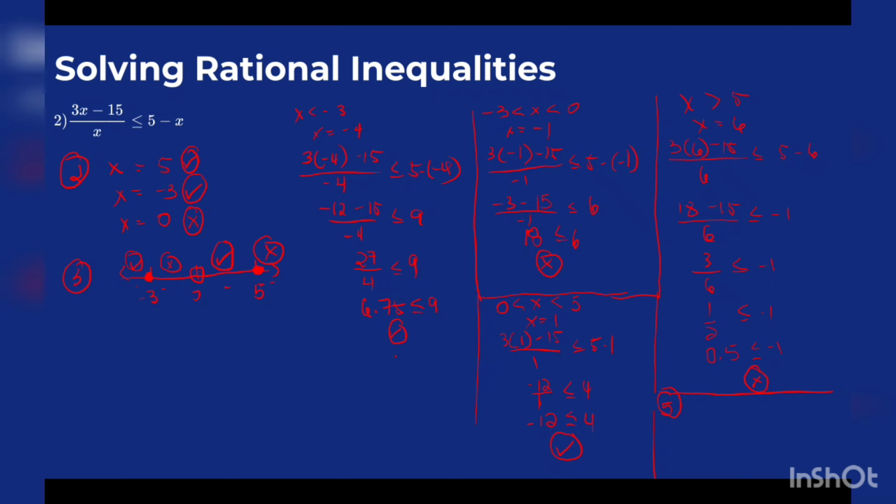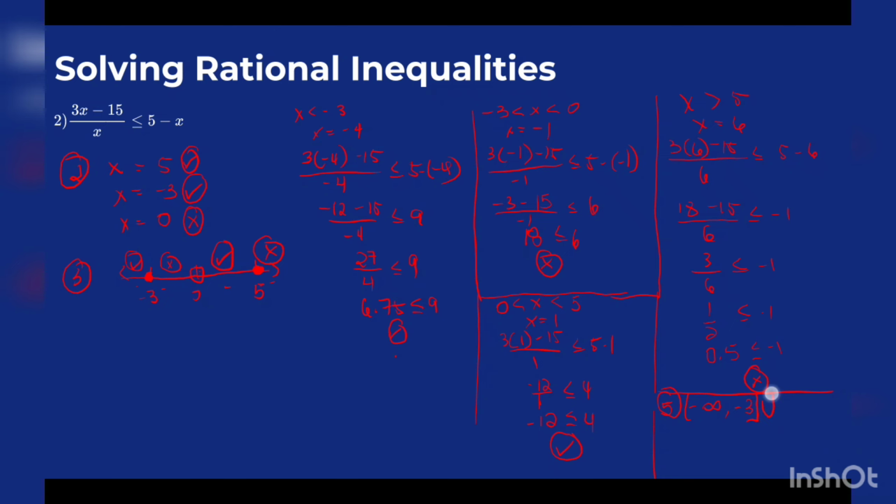So for the interval notation, you will see that the numbers on the left side of negative 3 is included. So that means we'll start with negative infinity, until negative 3. And negative 3 is included.